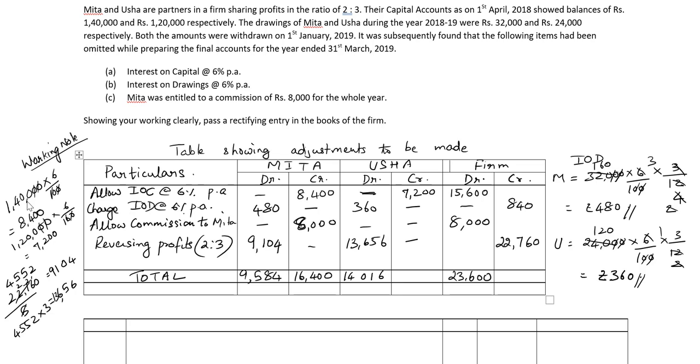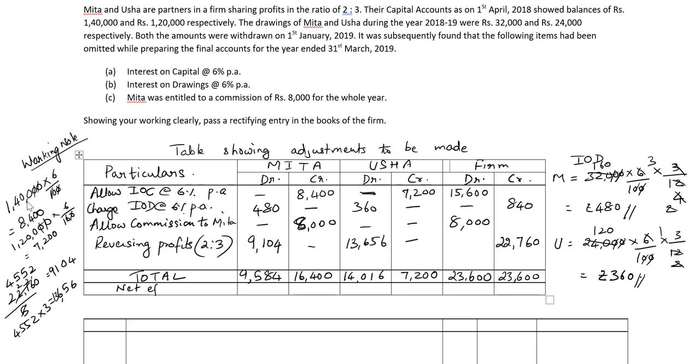Total for Usha debit 14,016. Total for Usha credit 7,200. And the total for the firm, both debit and credit column, is 23,600.